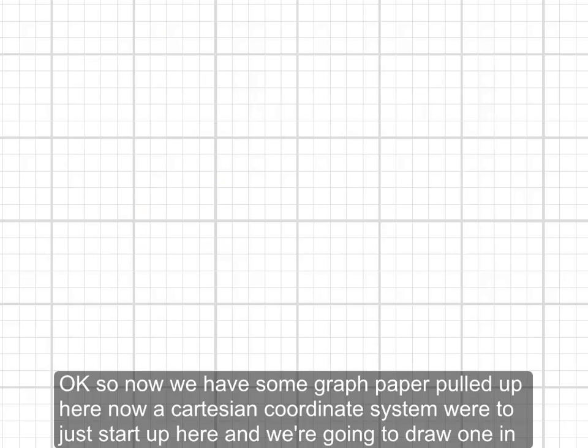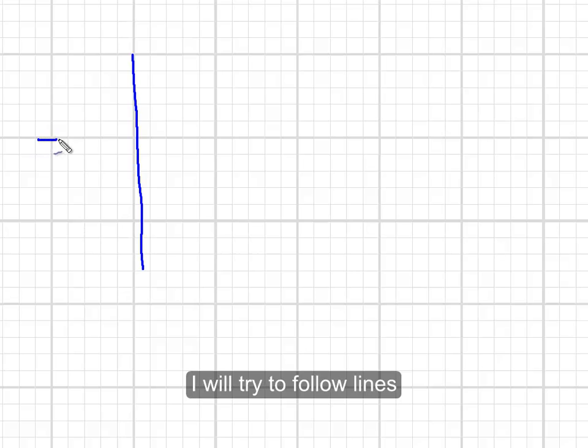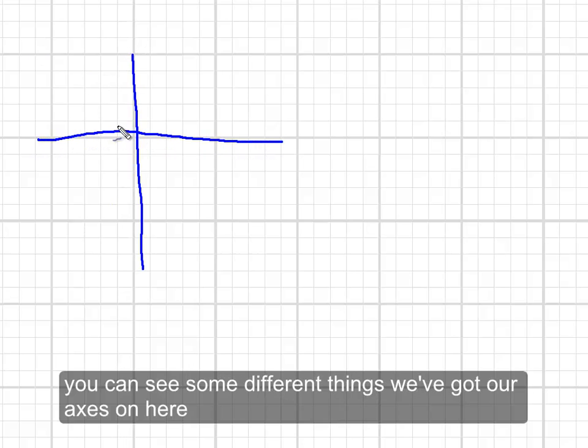Okay, so now we have some graph paper pulled up here. Now, a Cartesian coordinate system, we're going to just start up here and draw one in. I'll try to follow the lines. There we go. So you can see some different things.